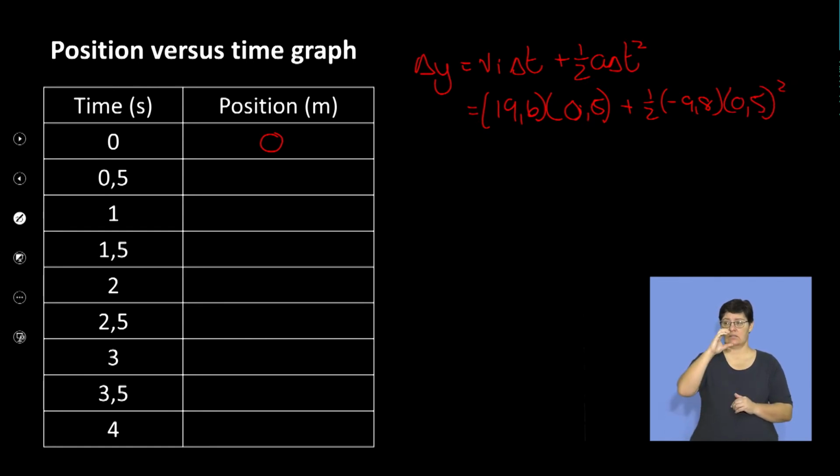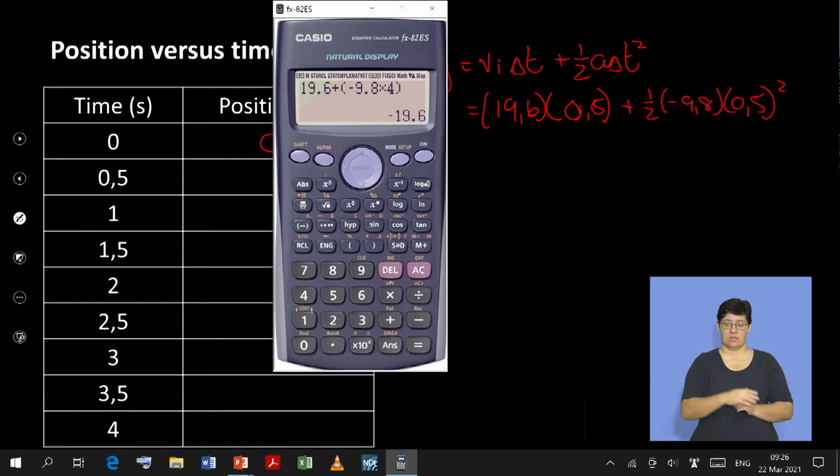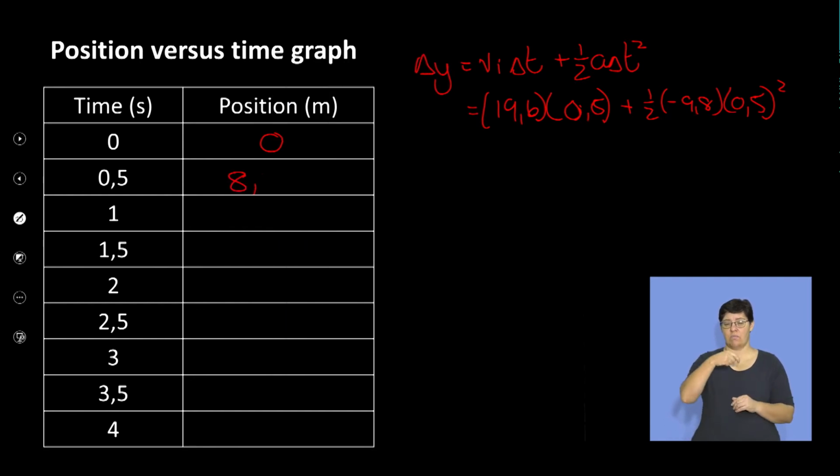Okay, so we put this into the calculator just quickly because I want you to see it. We've got 19.6 times 0.5 minus 0.5 times 9.8, not 98, times 0.5 squared, and we get 8.57.